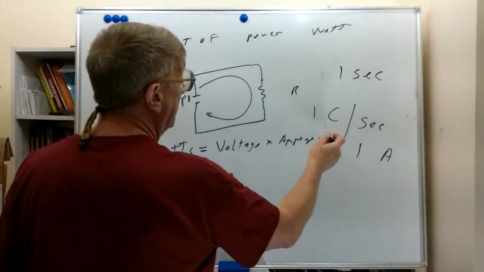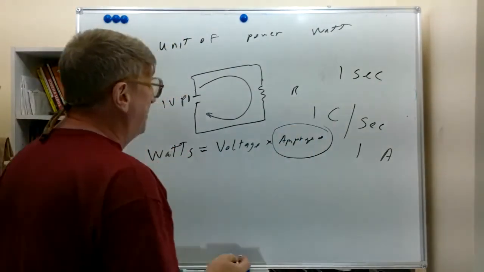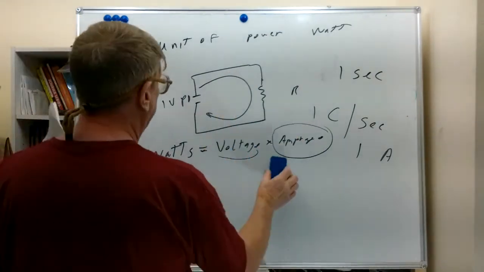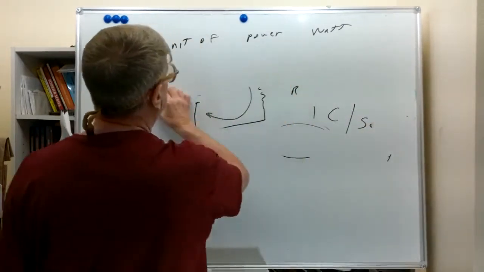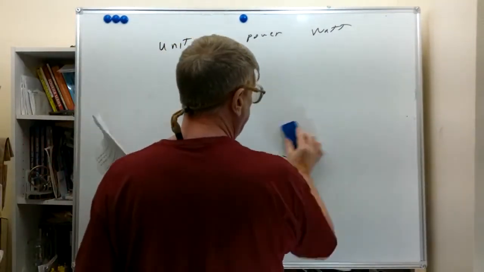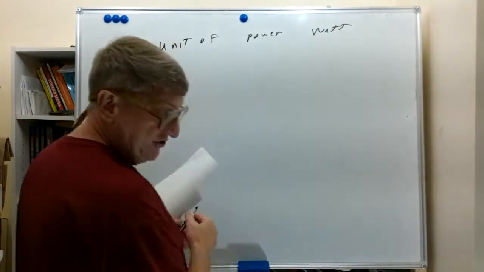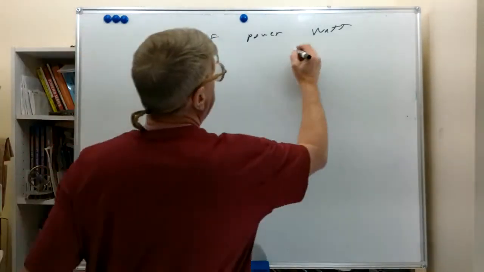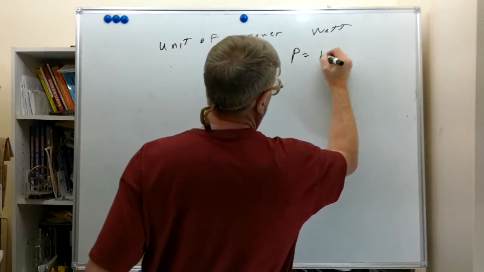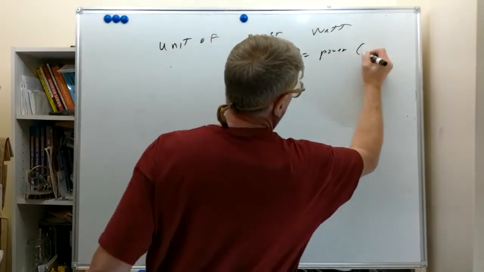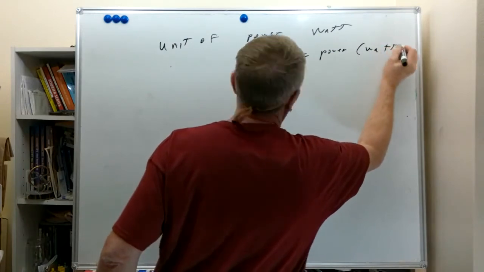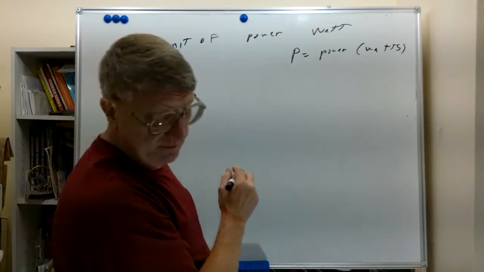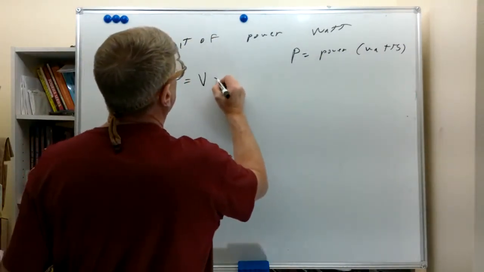And of course the 1 volt, 1 coulomb, 1 second gave us amperage, and if we doubled the voltage, it would be twice as much. So basically this says that watts, a rate of use of power, is equal to voltage times current. So we're going to say P equals power, in this case in watts. So power equals voltage times current.